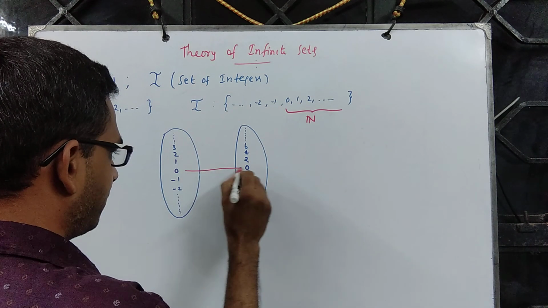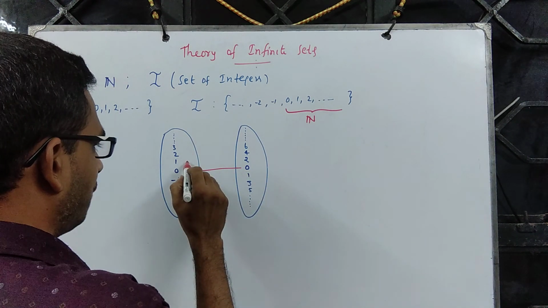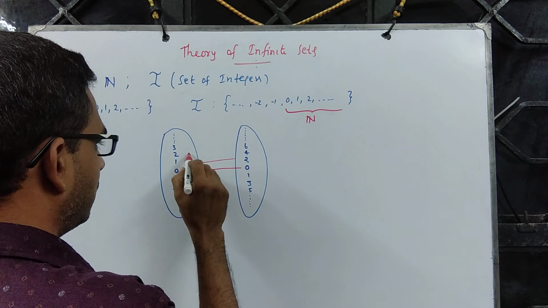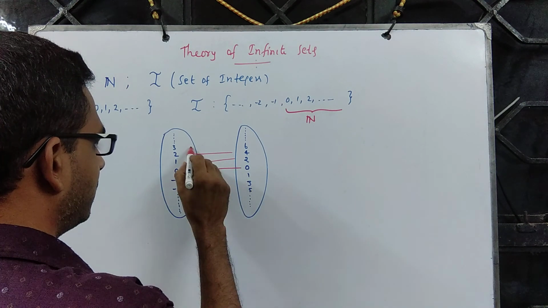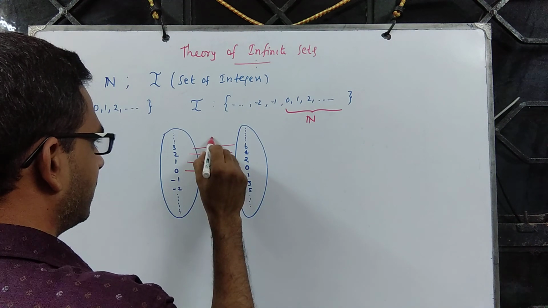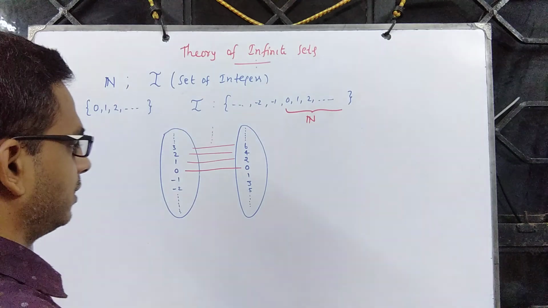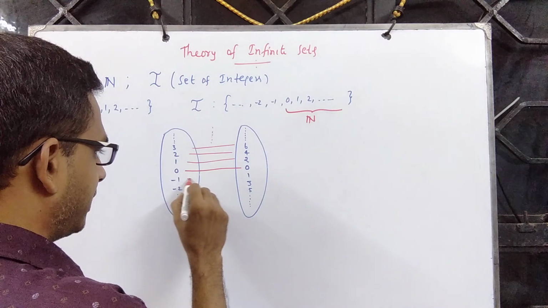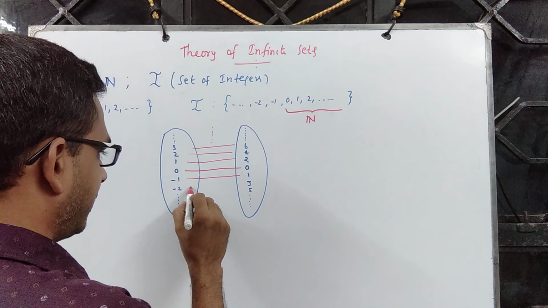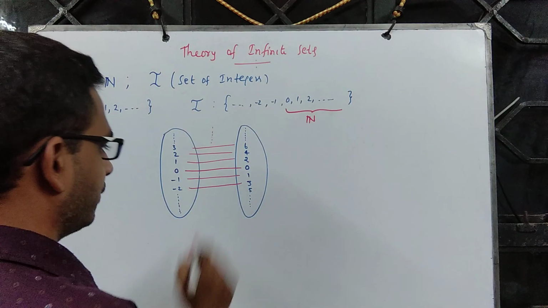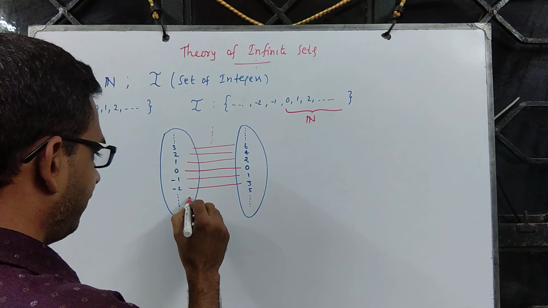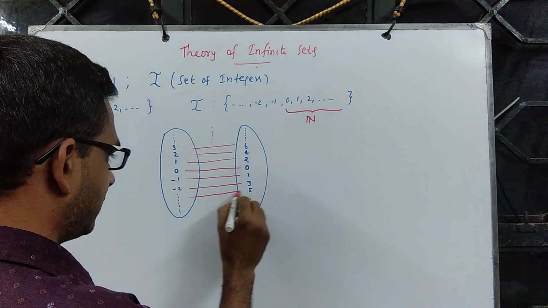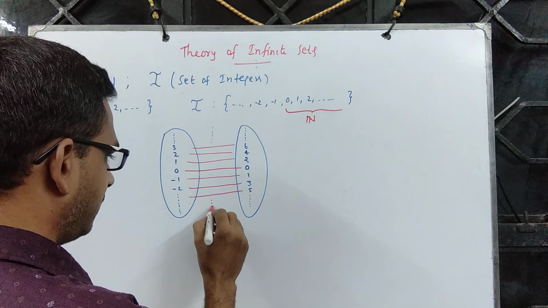So 0 is mapped to 0 and 1 is mapped to 2, 2 is mapped to 4, 3 is mapped to 6, like that it goes. Then minus 1 is mapped to 1, and minus 2 is mapped to 3, then minus 3 is mapped to 5, like that it goes.